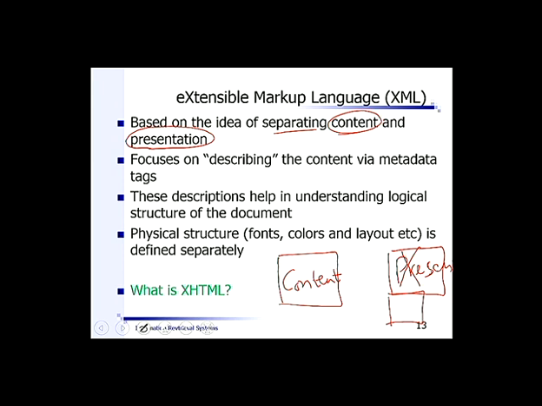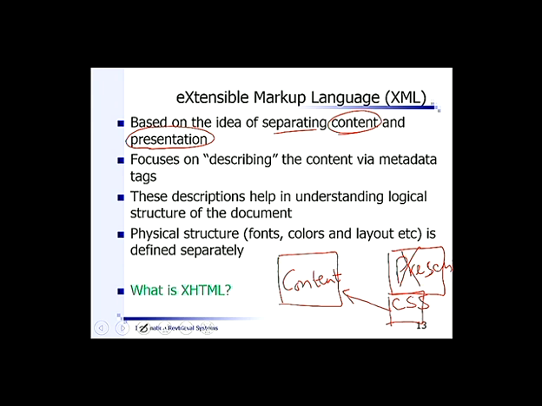So probably all of you are aware of CSS, cascading style sheets. It is one of the commonly used technique to define the format of the documents. So you can attach any CSS with the XML document to render it the way you like it to be rendered, right?